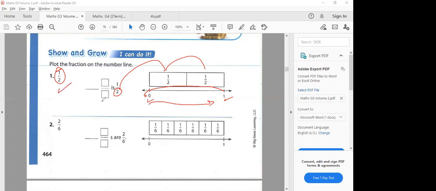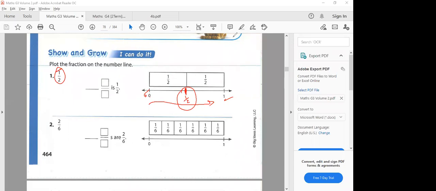So 1 over 2 will be exactly in the middle of the distance between 0 and 1. So here, plot the fraction on the number line: 1 over 2 will be exactly here in the middle of the distance between 0 and 1.